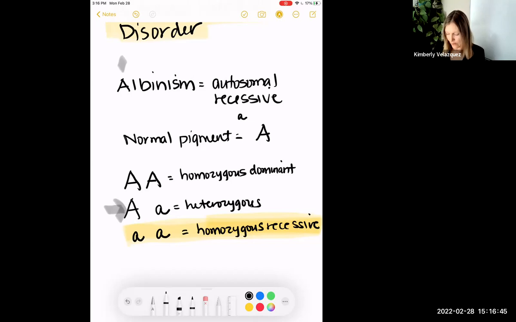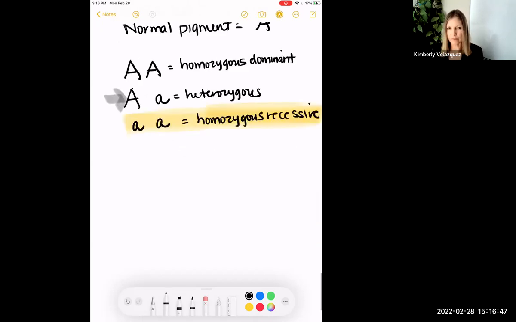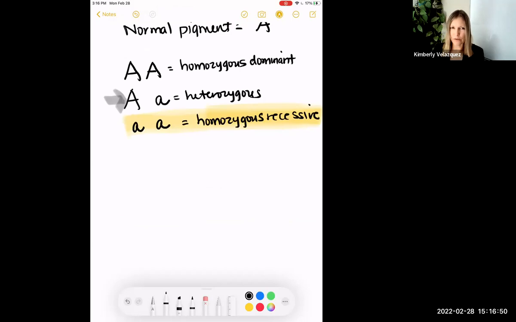Let's do a cross, a Punnett square, a monohybrid cross with albinism. Let's say that mom is normal pigment and she is homozygous dominant.